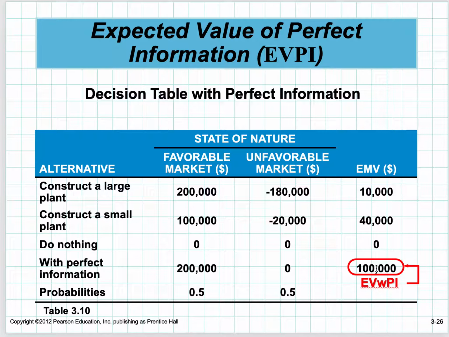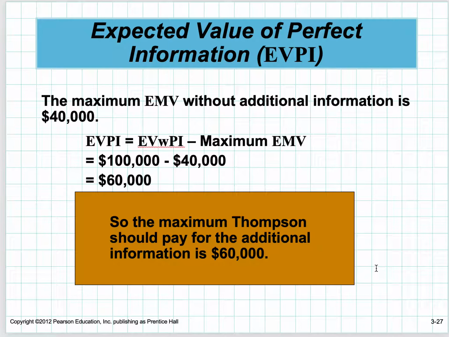If I had perfect information, my payoff would be $100,000 if I did this over and over again. They're charging $60,000, so it might be worth it. 100 minus 40, or basically, which is the other decision, is 60. So the maximum Thompson should pay for the additional information is $60,000, not 65.